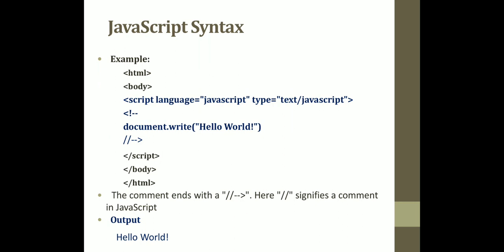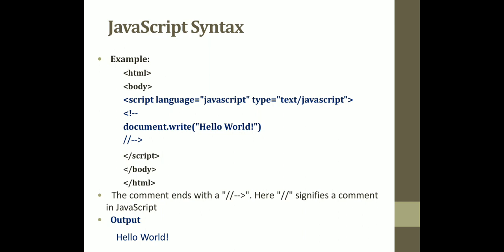Then, including it in HTML, we can see here that in HTML we have inserted the JavaScript syntax code in the body block, that is script language is JavaScript, and type is set to text/javascript. And then we can just write document.write for hello world.